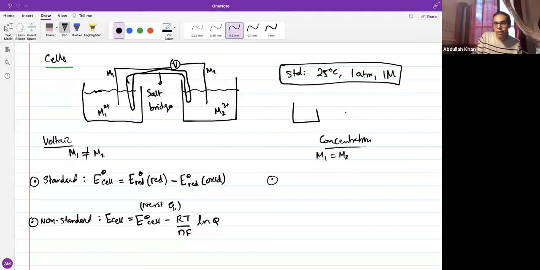So you have two buckets. The solutions look exactly the same because they're both 1 molar. And it's the same kind of metal stuck in both of them. So the two buckets look identical to each other. So there is no incentive for the electron to move anywhere, right? Because it's two identical buckets. There is no difference. What would you expect the standard potential of the concentration cell to be?